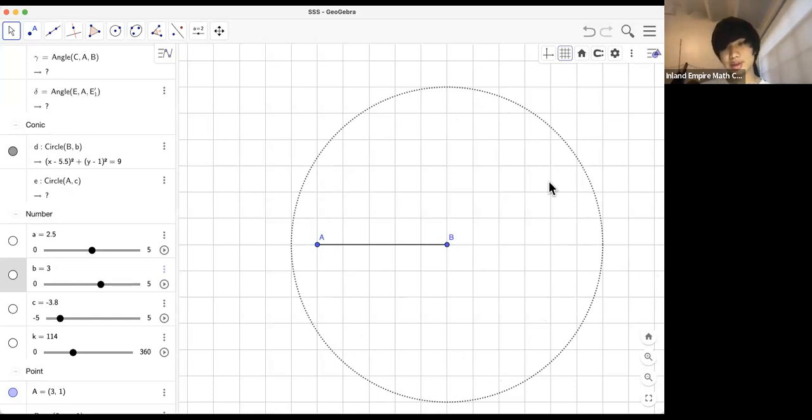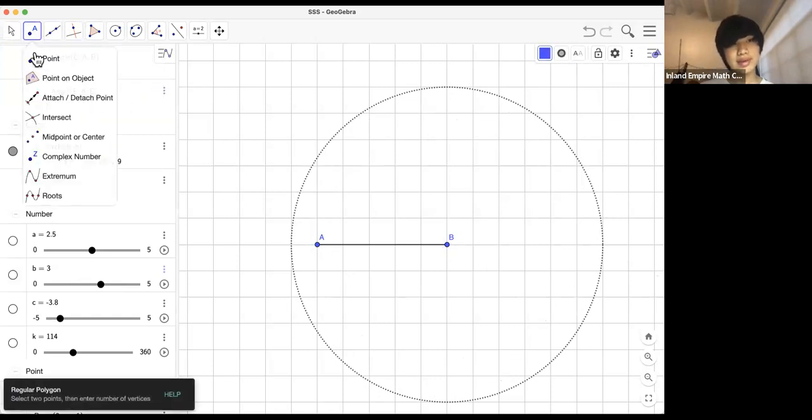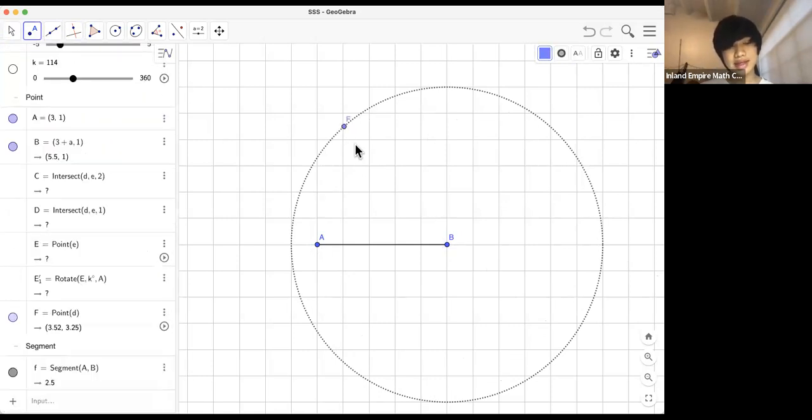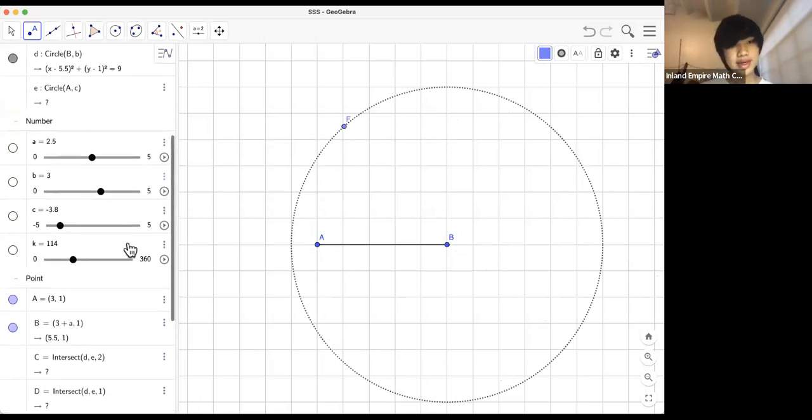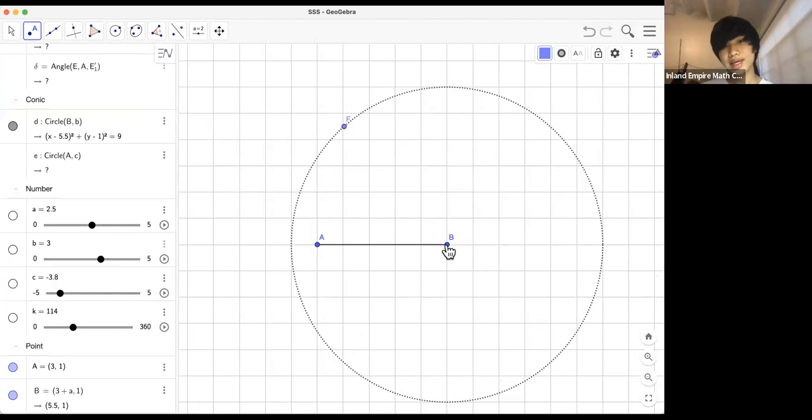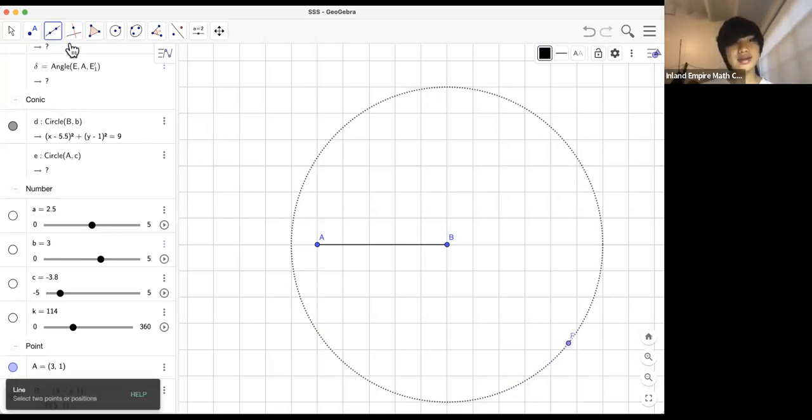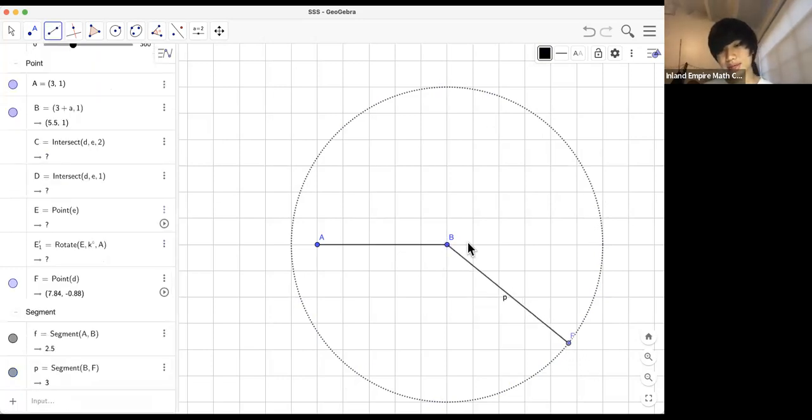A circle is a really good way to think about this, because a circle represents all of the points, every single place, which is a certain distance from a center point. In this case, the center point is B. Any point on this circle, maybe this point right here, is going to be exactly 3 units away from B. It doesn't matter if we move F around, it'll always be 3 units away from B. So if we put F here, this length from B to F will still be 3.